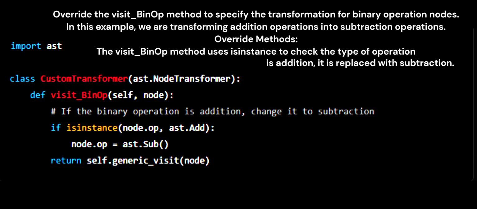Override the visit_BinOp method to specify the transformation for binary operation nodes. In this example, we are transforming addition operations into subtraction operations. Override methods: the visit_BinOp method uses isinstance to check the type of operation. If the operation is addition, it is replaced with subtraction.